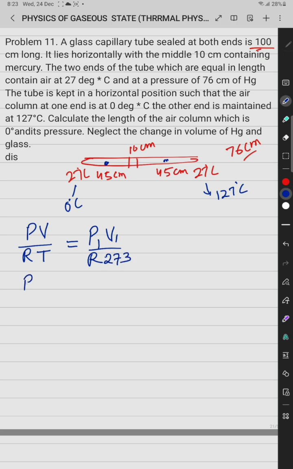Similarly, PV by RT, initial temperature is 300, is equal to P2 V2 by R and the T2 is not 273, it is 400.